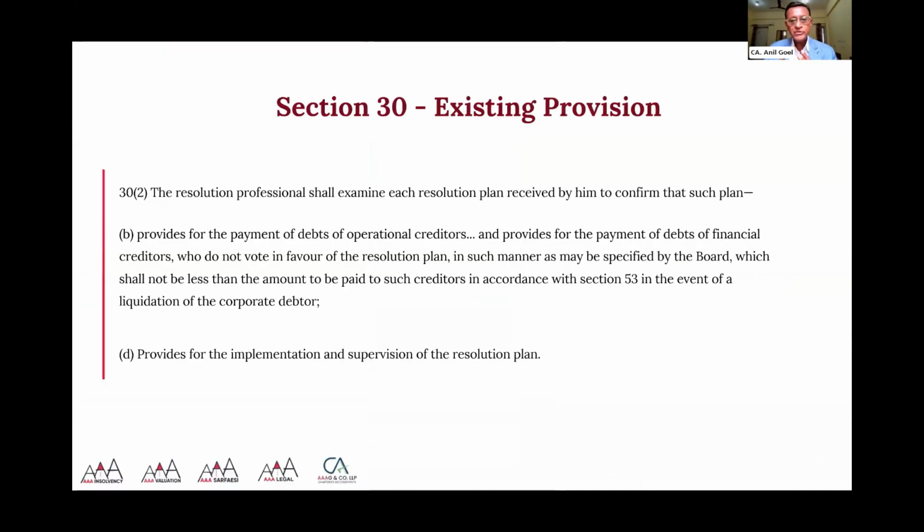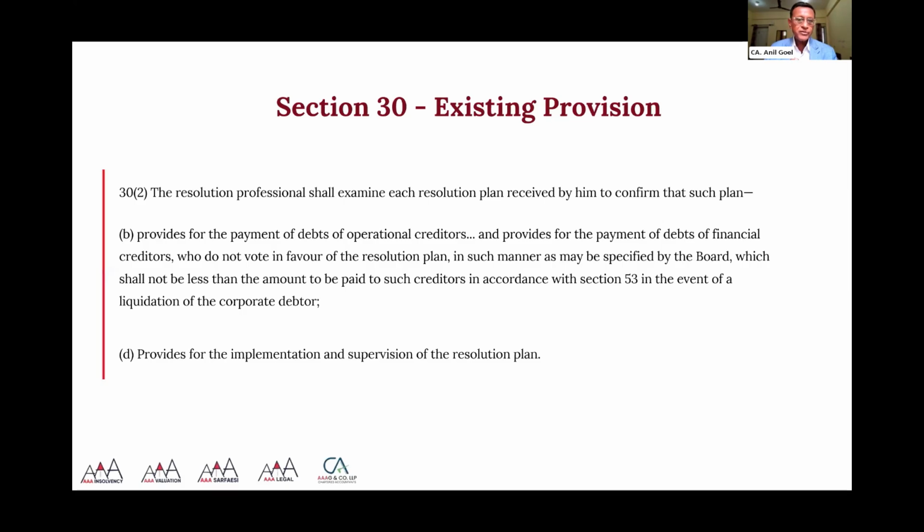Section 30 is regarding the RP's duty to examine the resolution plan received by him. Presently, the RP has a duty regarding the amount which should be allocated to the operational creditors, even if it is a secured operational creditor or unsecured operational creditors.